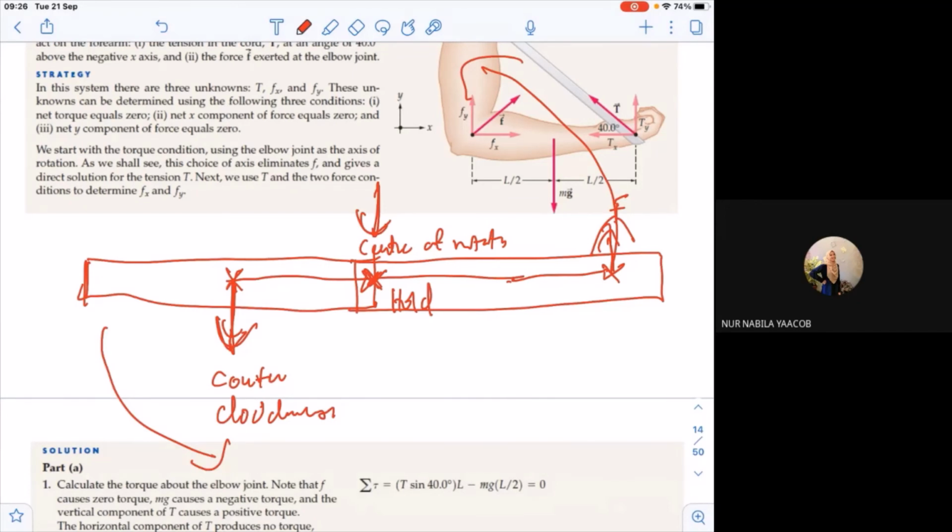So that means it will rotate counterclockwise. If the force here is going down, you hold your ruler, and the force will be going this way. So that means it is clockwise. Then the torque will be clockwise. When the torque is clockwise, you get negative. The torque that is counterclockwise will get positive.